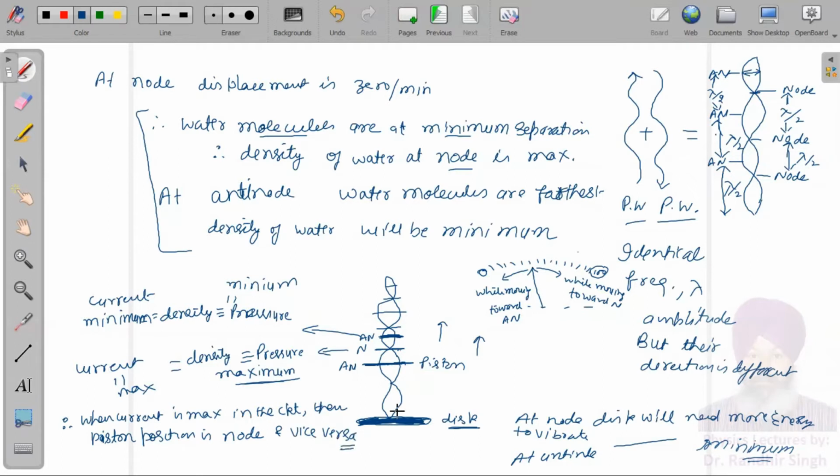So this is an important thing. So if at this node current is maximum, let us say position of the piston is x1.